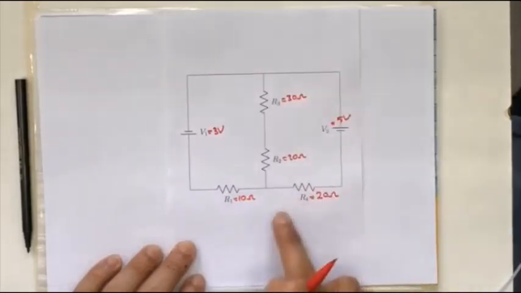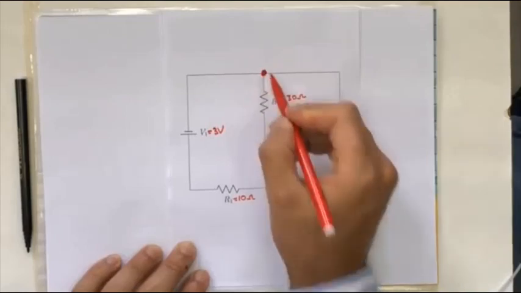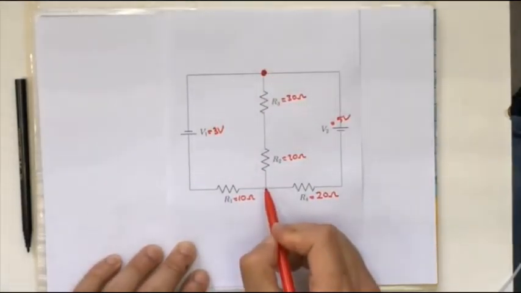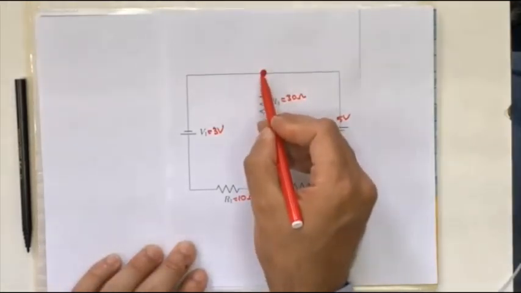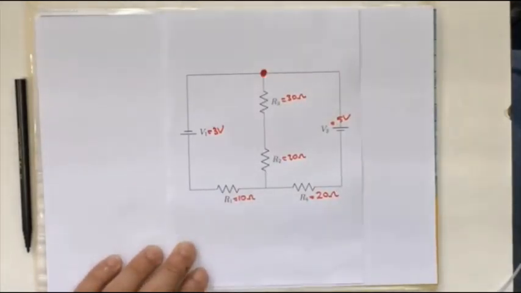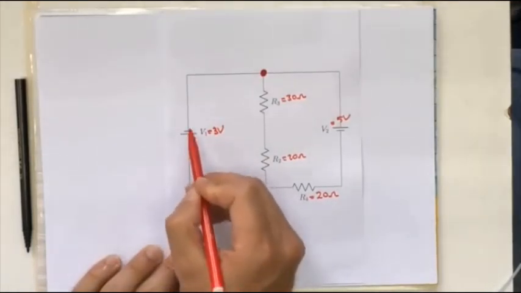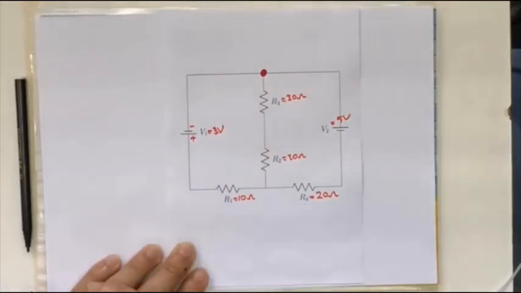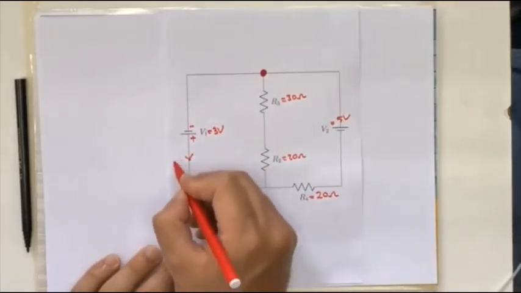When we look at our circuit, we see that this is our junction. I can also choose this junction, but I will apply my calculations according to this junction. Now we will randomly choose the current directions. Since V1 is here, and this is the positive pole and this is the negative pole, I will make the direction of the current in this way. Let's say this is I1.